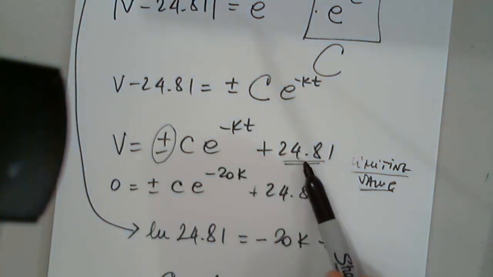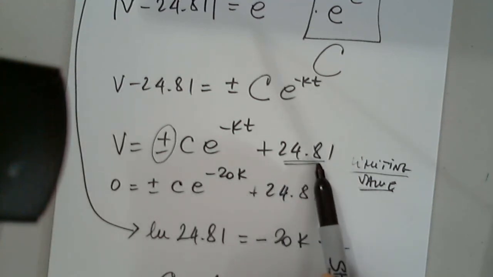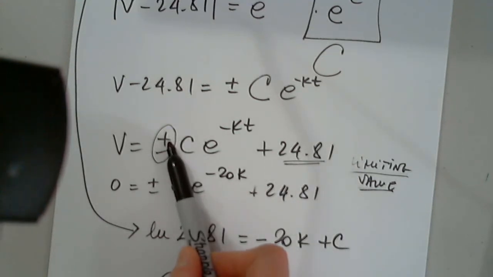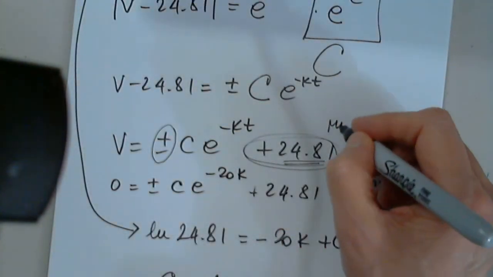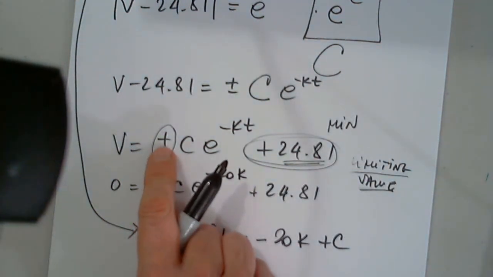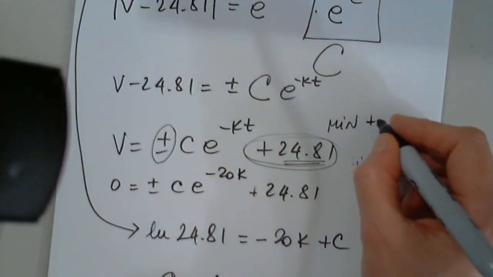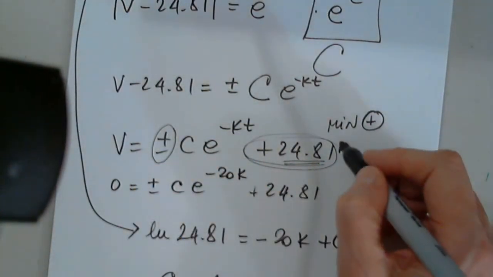Because if this is the maximum, then I have to use negative. If this is the minimum, then I have to use plus. So it depends on what this value represents. If it says it's the minimum value, then I have to use the plus. So minimum goes with the plus. If this is the maximum, then I have to have minus in front.